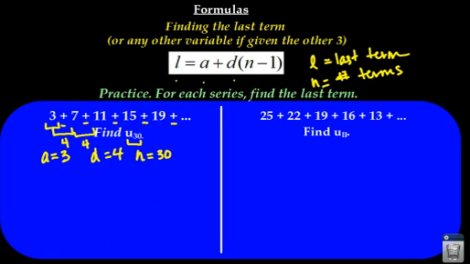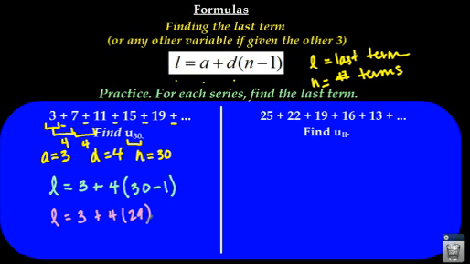So what we're going to do now is plug these in. L equals A, which is 3, plus D, which is 4, times quantity N, which is 30, and then our equation says minus 1, so I'm going to take 1 away from 30. Now order of operations says we have to do what's in the parentheses first. So we say 3 plus 4 times 29.